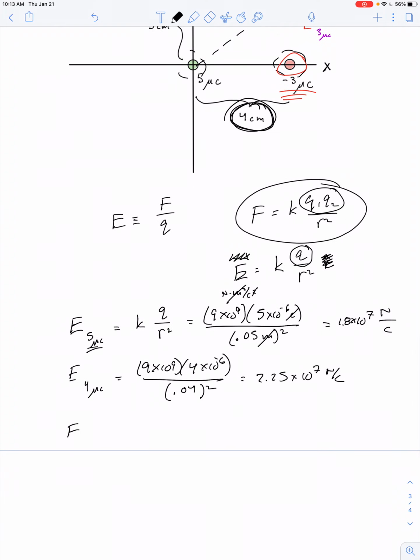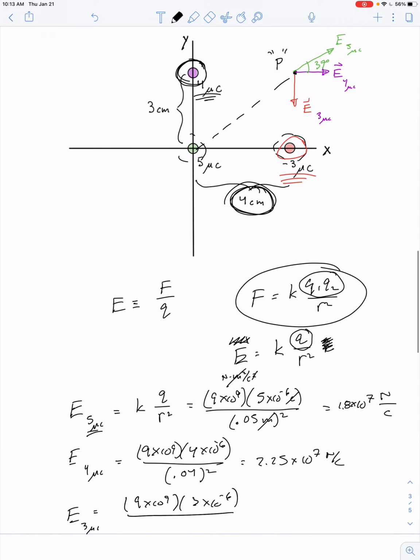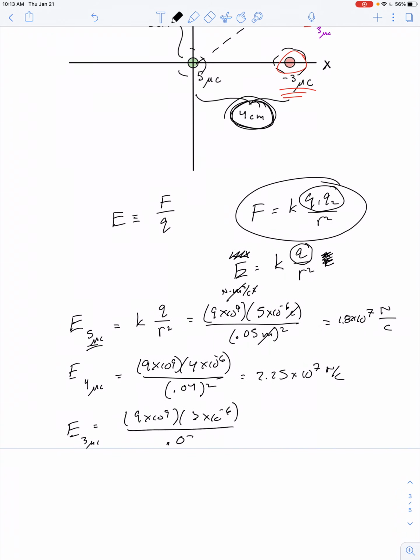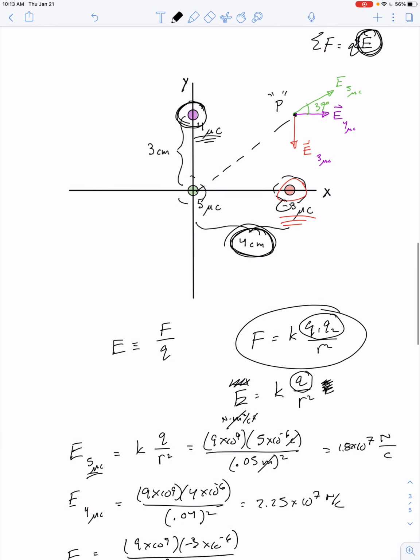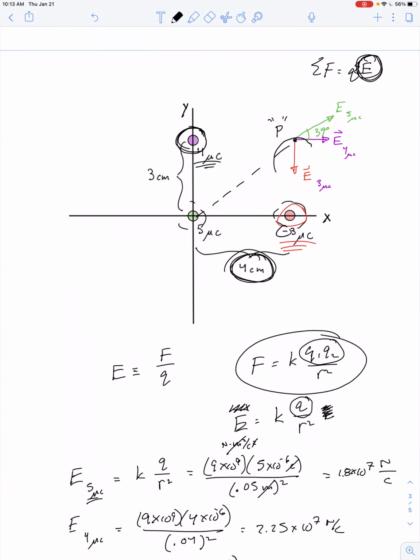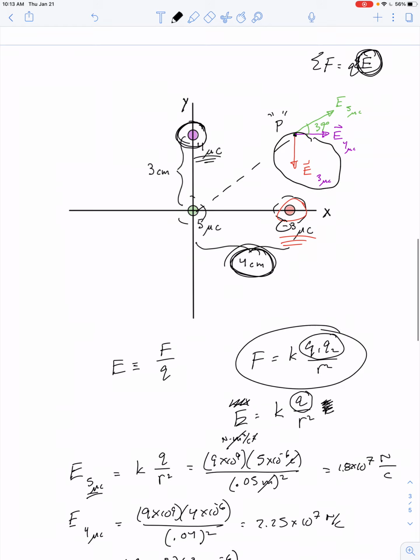And if I want to find the electric field due to the 3 microcoulomb charge, 9 times 10 to the 9th times 3 times 10 to the negative 6th divided by 0.03 squared. And again, you might say, wait a minute, shouldn't that be negative? Well, yes, it is a negative charge, but I've already dealt with the fact that it's negative by drawing this electric field as a downward pointing vector.